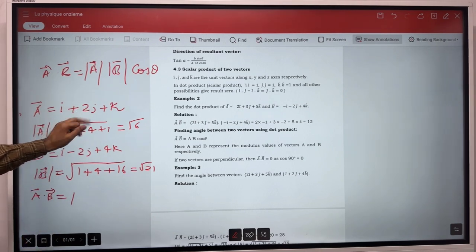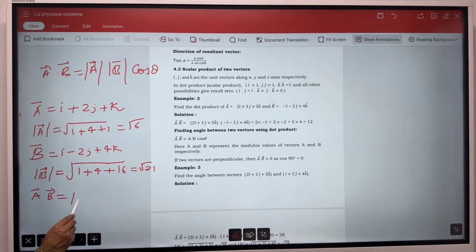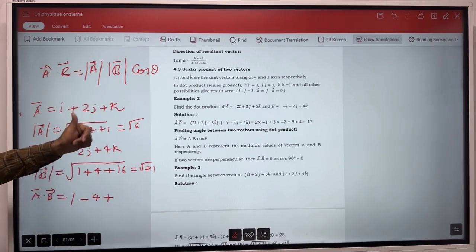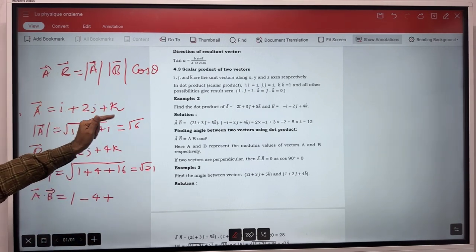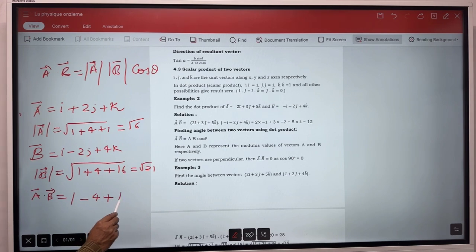Then here j has coefficient plus 2, here minus 2, so this will become minus 4. Then the coefficient of k is 1 and 4, so 1 into 4. So 4 will cancel out and 1 will be left. So we have got A dot B as 1, and modulus A is root 6, modulus B is root 21.